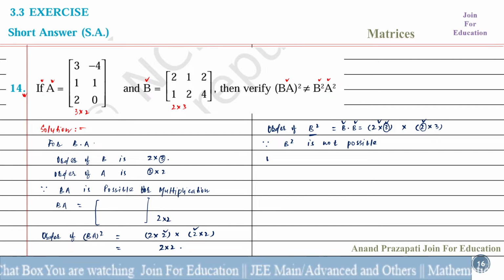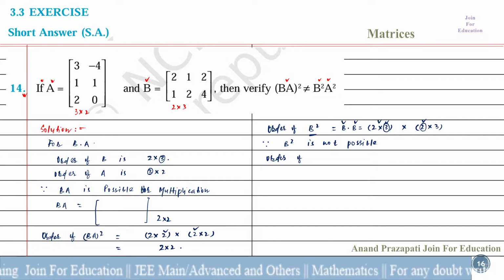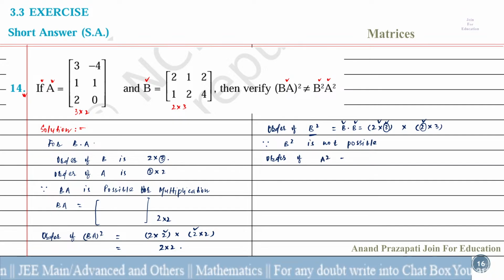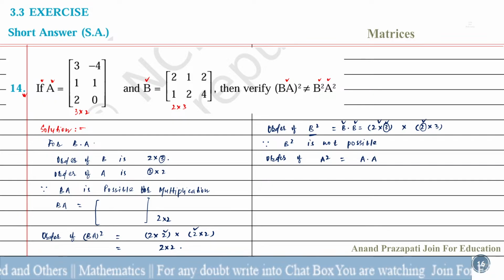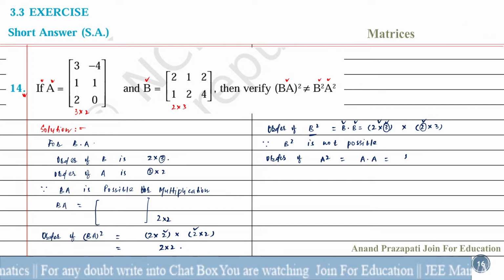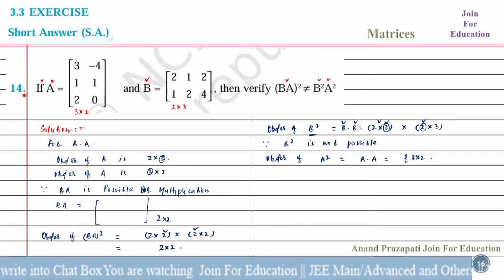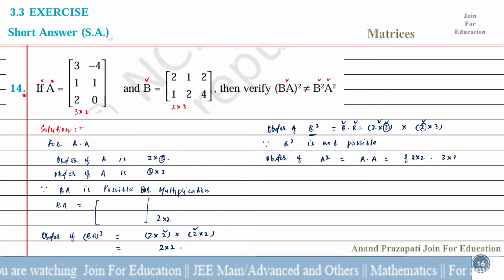Similarly, order of A square equal to, we write down here A into A, and order of A is what? 3 by 2, 3 by 2 into order of again A is 3 by 2.